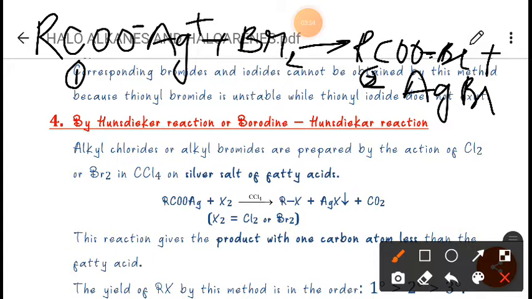Now what will happen? Looking at product number 2, RCOOBr, since this oxygen is carrying a lone pair and this bromine is also having a lone pair, the O-Br bond will be weak, right?